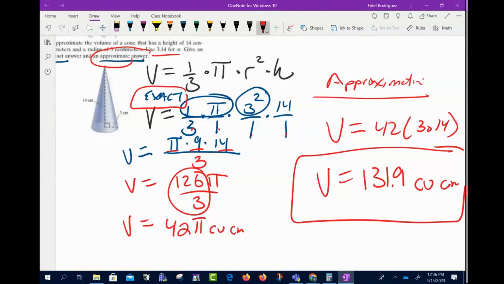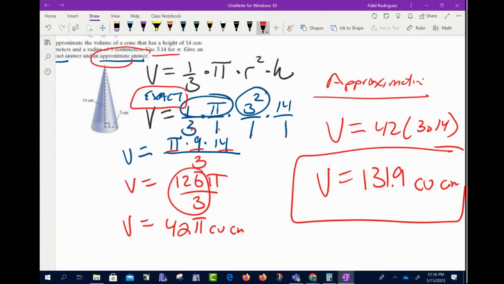So, you know how in the exact answer you did the 126 over 3? On the approximation, you do 126 times the 3.14 divided by 3, it should be the same number. It's going to be exactly the same thing.